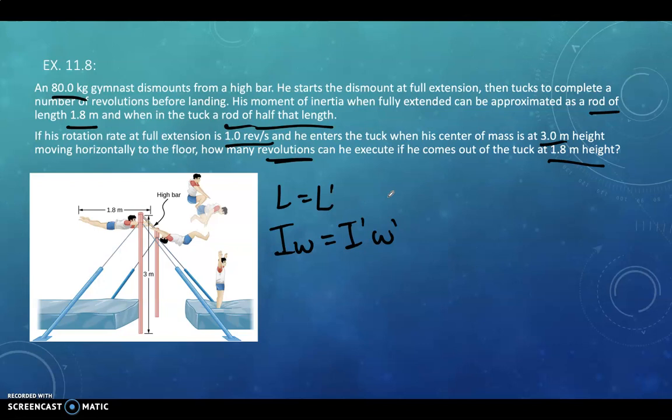We have our rotation rate at full extension, so we have this omega. I is going to be approximated as a rod, so we'll have to look up that I. And same thing here, this is going to be I with half the rod length.